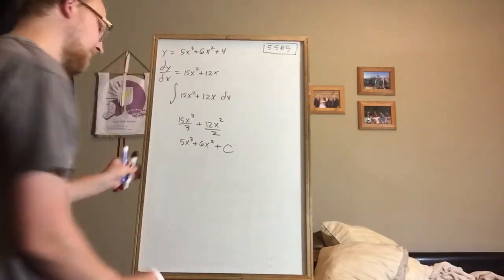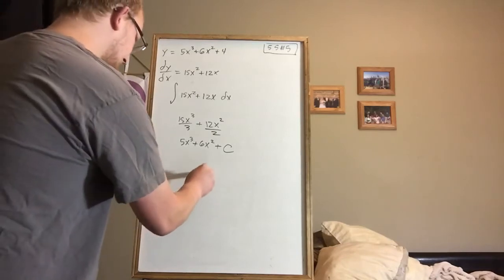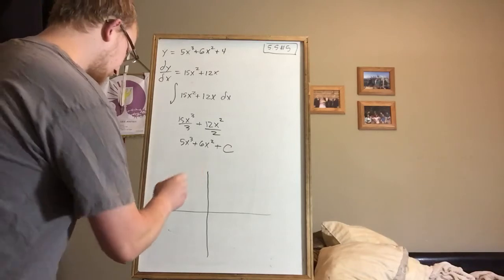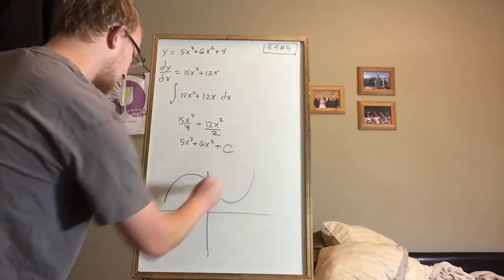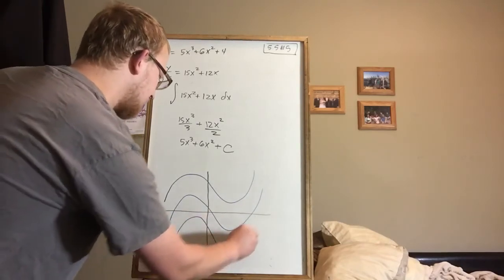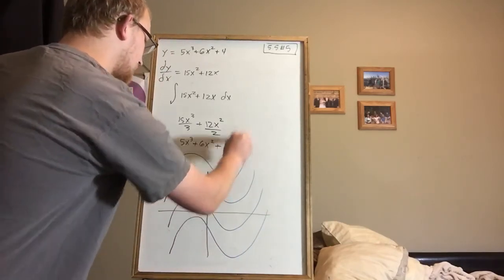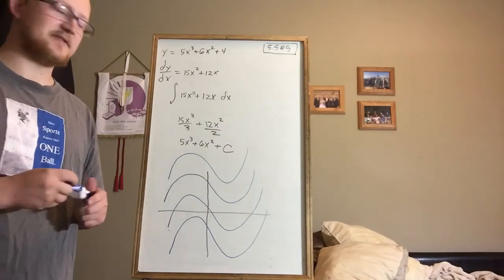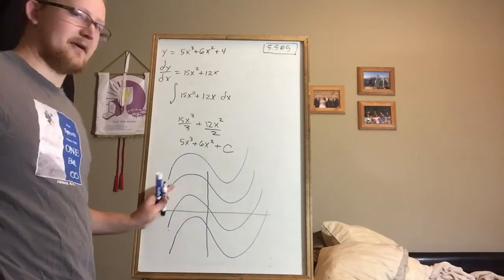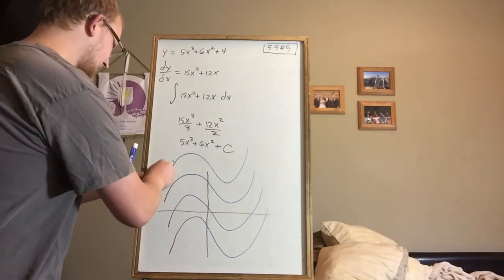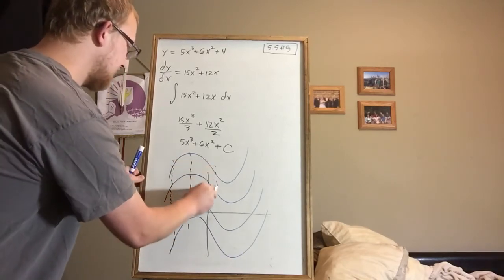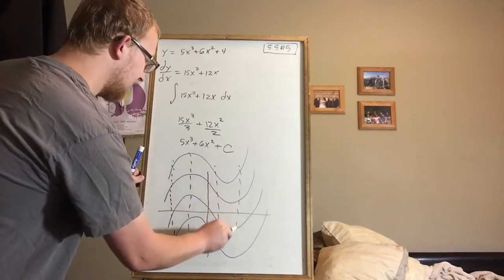Graphically, as you could imagine, with a graph like this, we can have more than one graph that has the same derivative. As a matter of fact, there are infinitely many graphs that could have the same derivative. Because their slopes are shared at every given x, they'll always have the exact same slope at every given value of x.